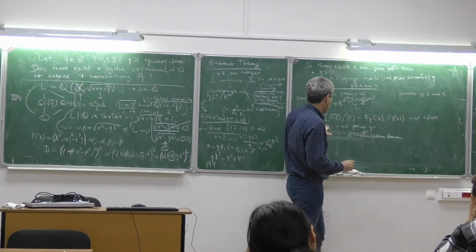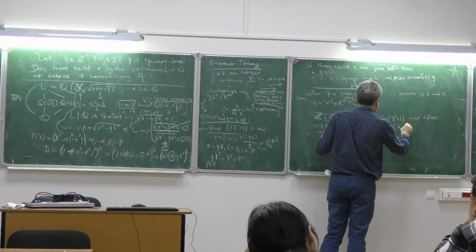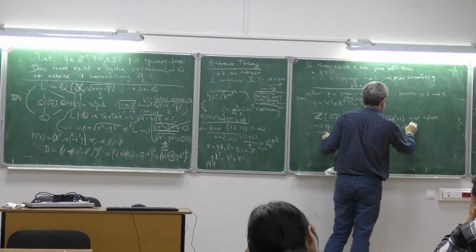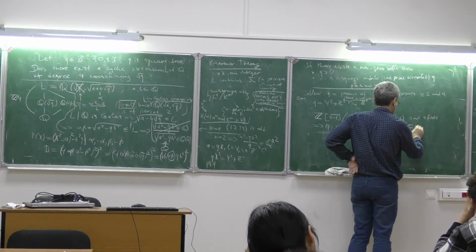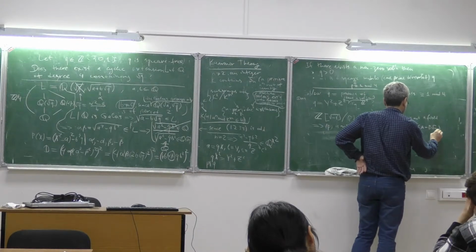And therefore, it is a product of two elements: a plus b square root of minus 1 times a minus b square root of minus 1.